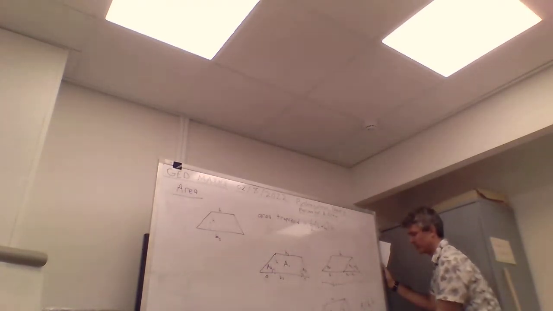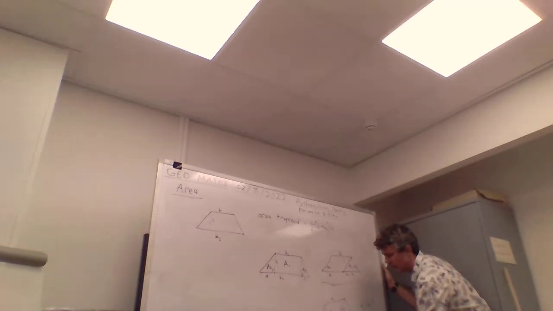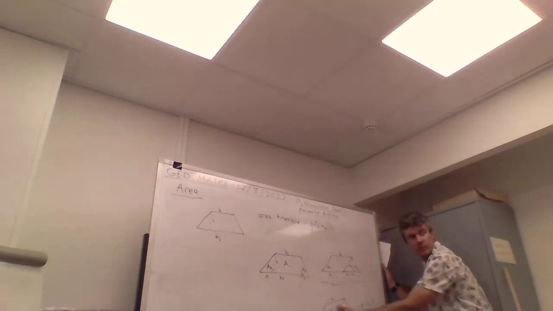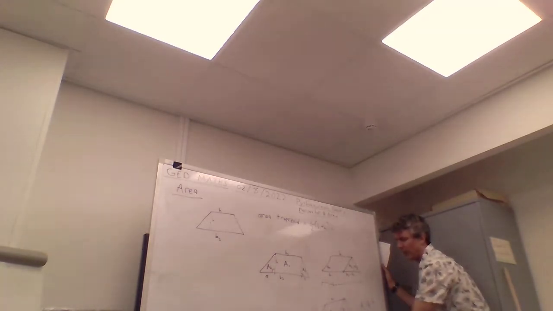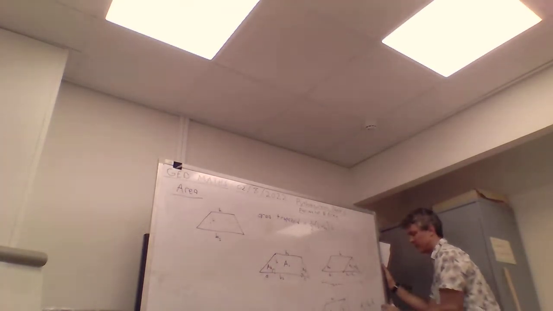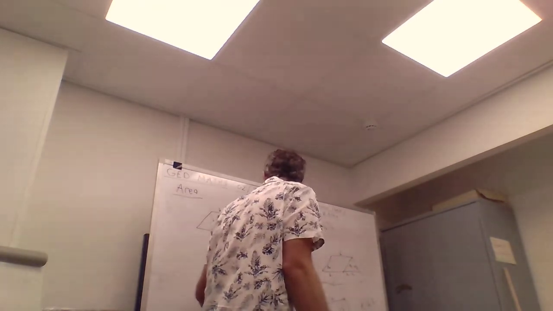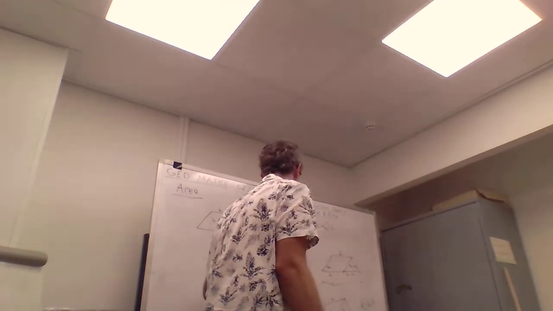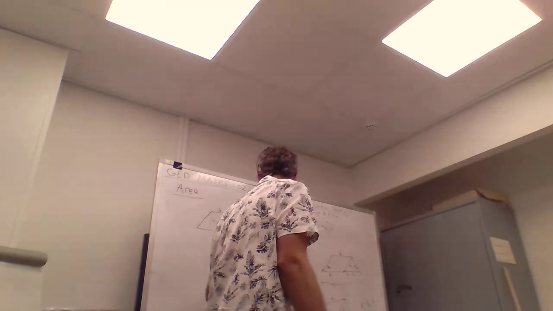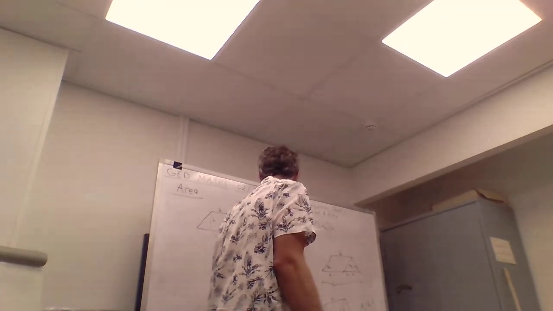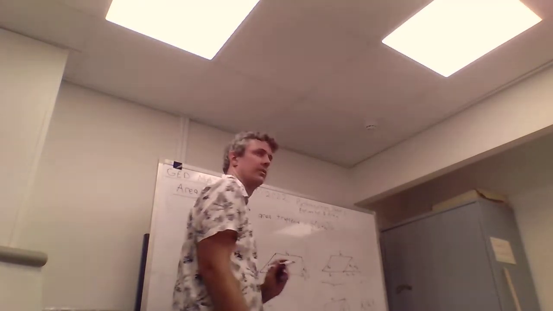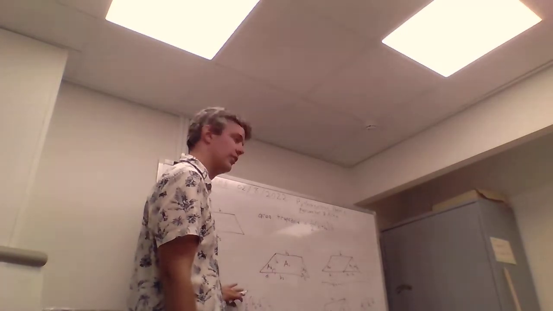And now the question is, what is B unknown? B unknown is B2 minus B1, because this whole thing is B2, right? We subtract B1 and we get this thing here. So now we have A4 equals 1 over 2 times B2 minus B1 times H. Okay? Everyone agree with this?